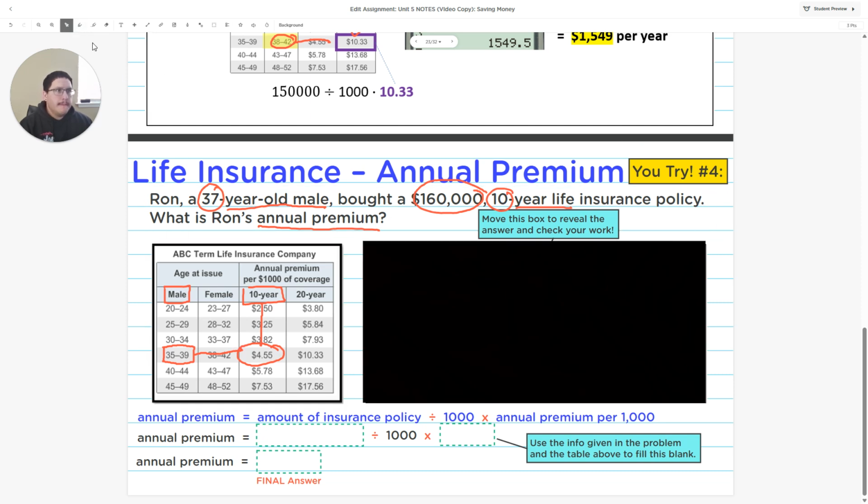So now we're going to divide and multiply this all together. We're going to take 160,000, divide this by 1,000, and then multiply by what he has to pay per 1,000, which is $4.55.